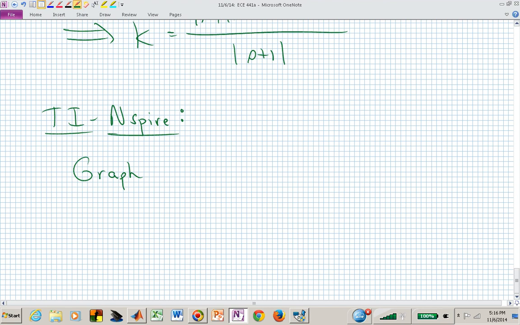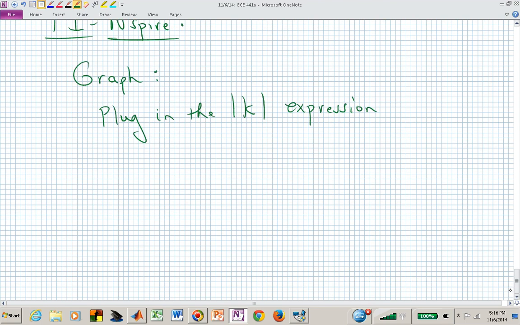So what I want to do is get into the graphing mode and actually plug in the magnitude of k expression. On the TI Inspire, you're now looking at, maybe if you've just opened up a graphing window, it might give you this display f1 of x.